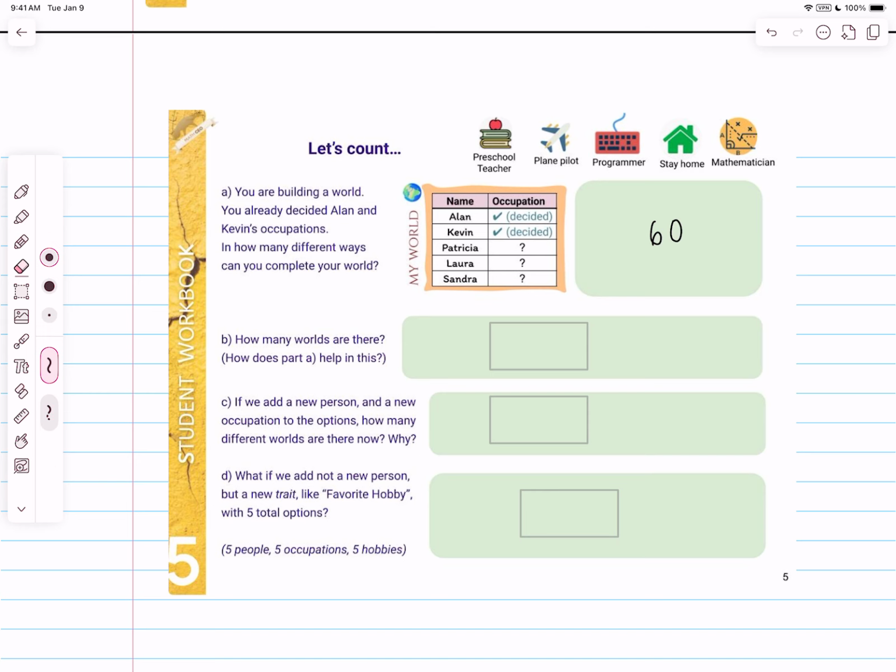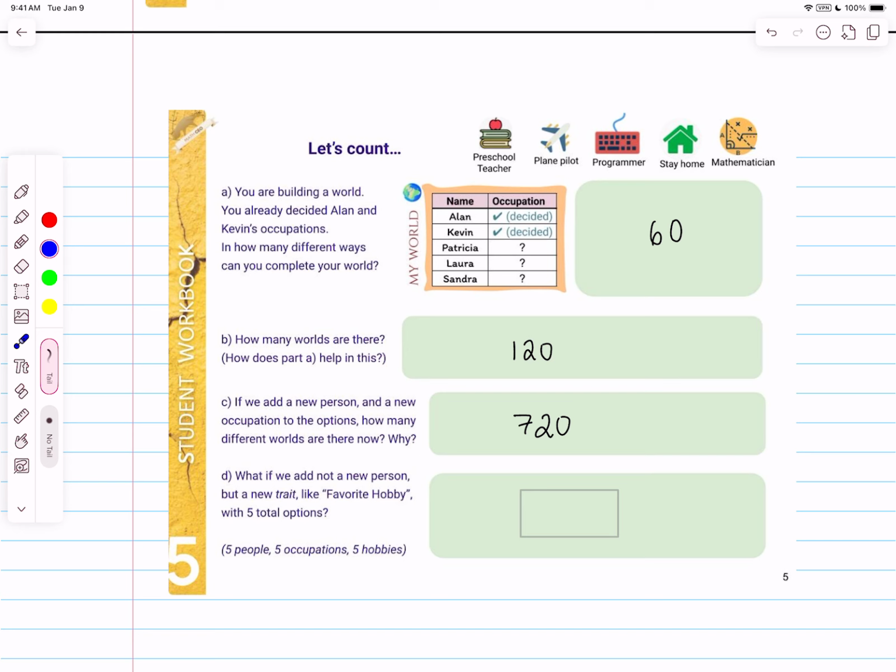Okay? And then how many worlds are there with these 5 people and their 5 jobs? Well, you might be able to convince yourself that the answer is 120. And if we add a new person, so now there's 6 people, 6 occupations, I think the answer bumps up to 720. And of course, again, the hard part about this is the why.